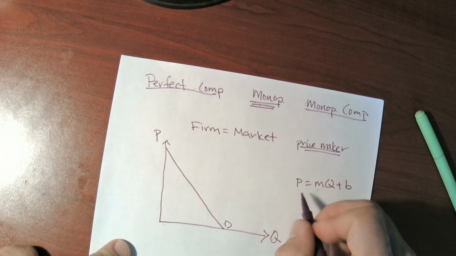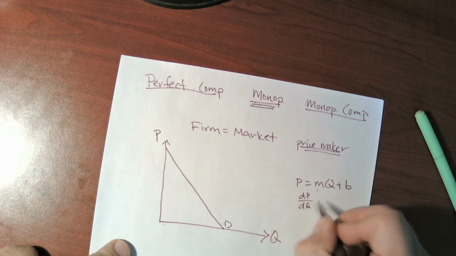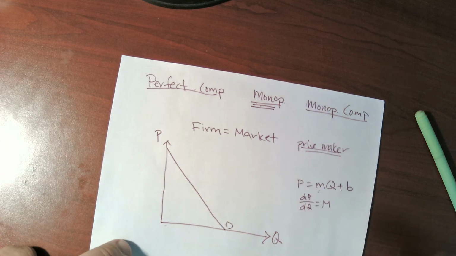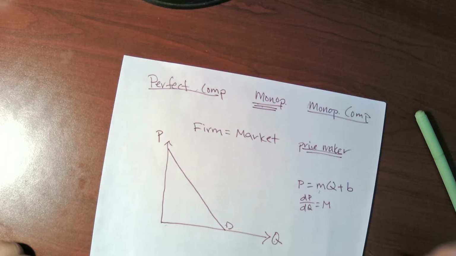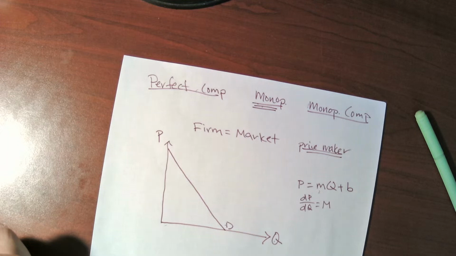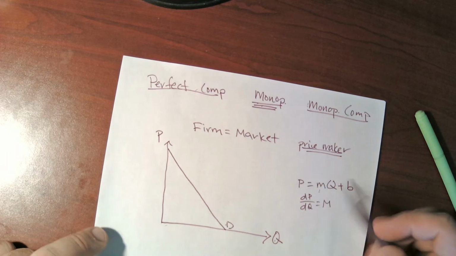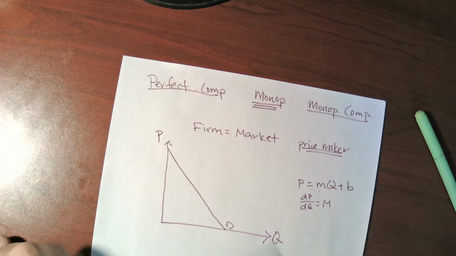So dP/dQ is going to be equal to m. That's how our price is changing with respect to our quantity. And this is the big point: the price does change with quantity, and it's going to change by the slope.